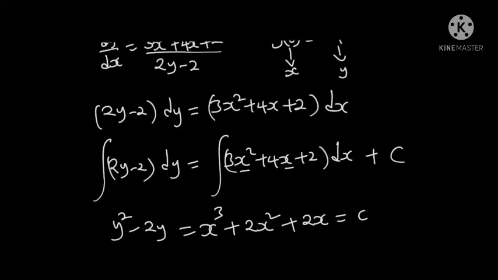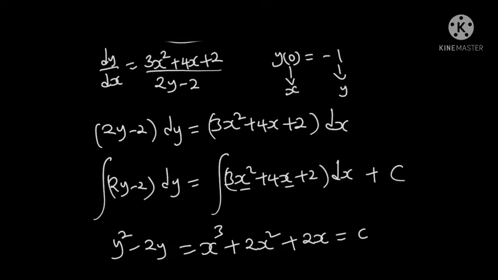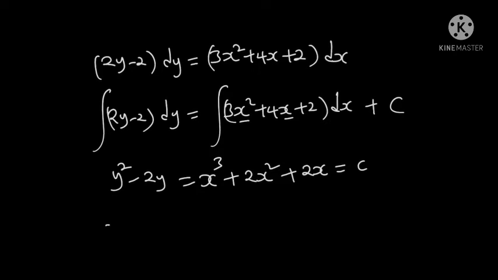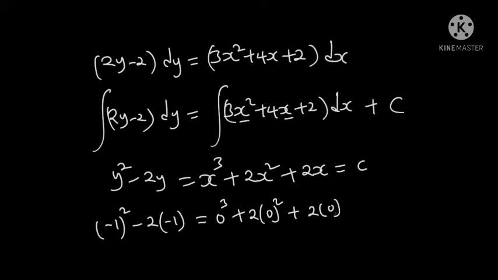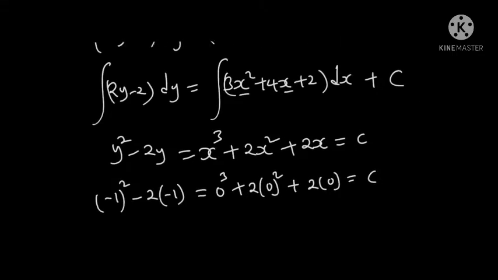Now we can insert our initial condition. x is 0 and y is minus 1. So we have minus 1 squared minus 2 times minus 1 equals 0 cubed plus 2 times 0 squared plus 2 times 0 plus c.